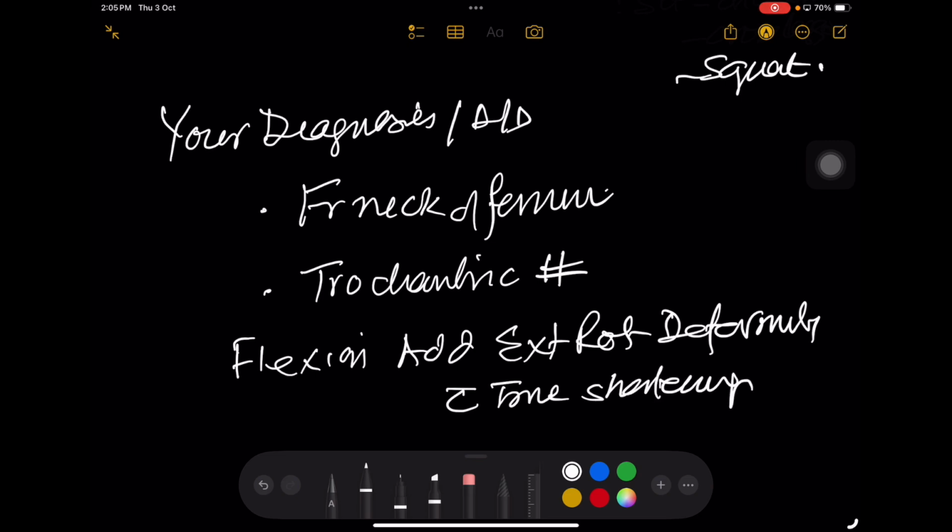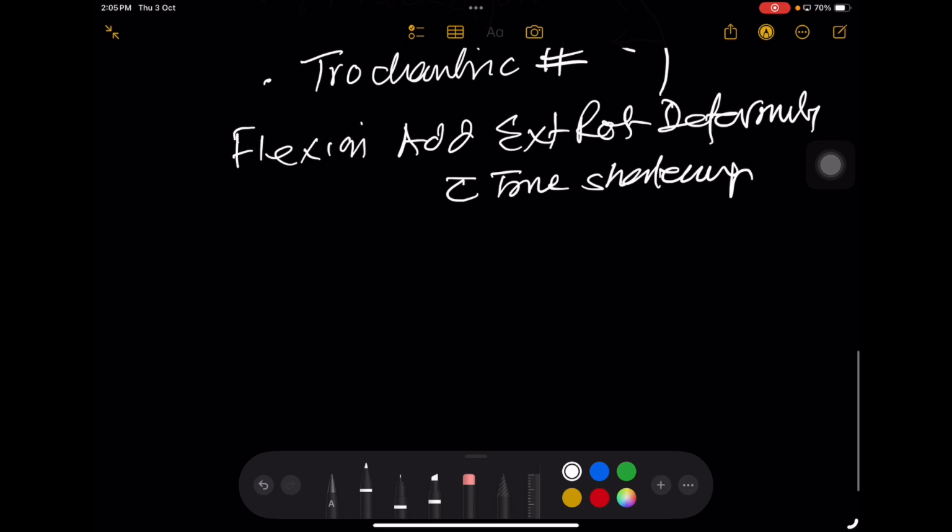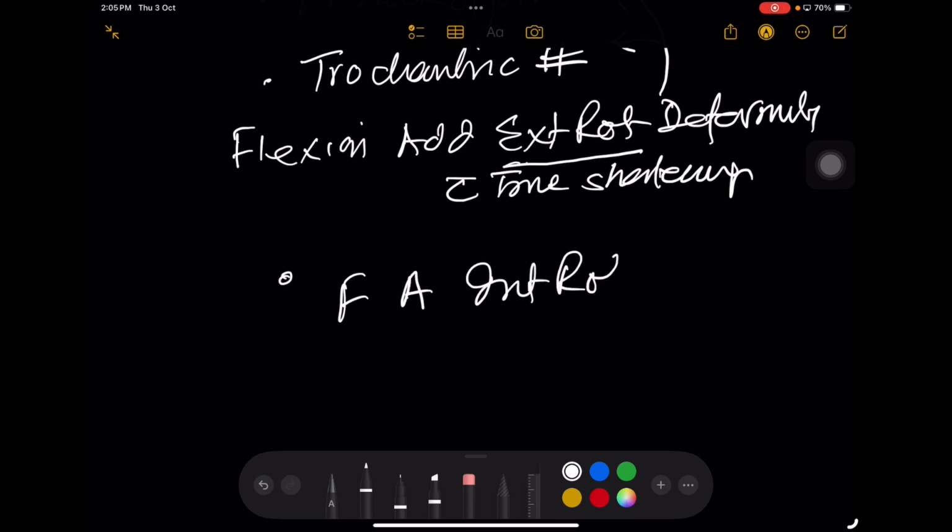So, if this is the finding on examination, these are the two possibilities.